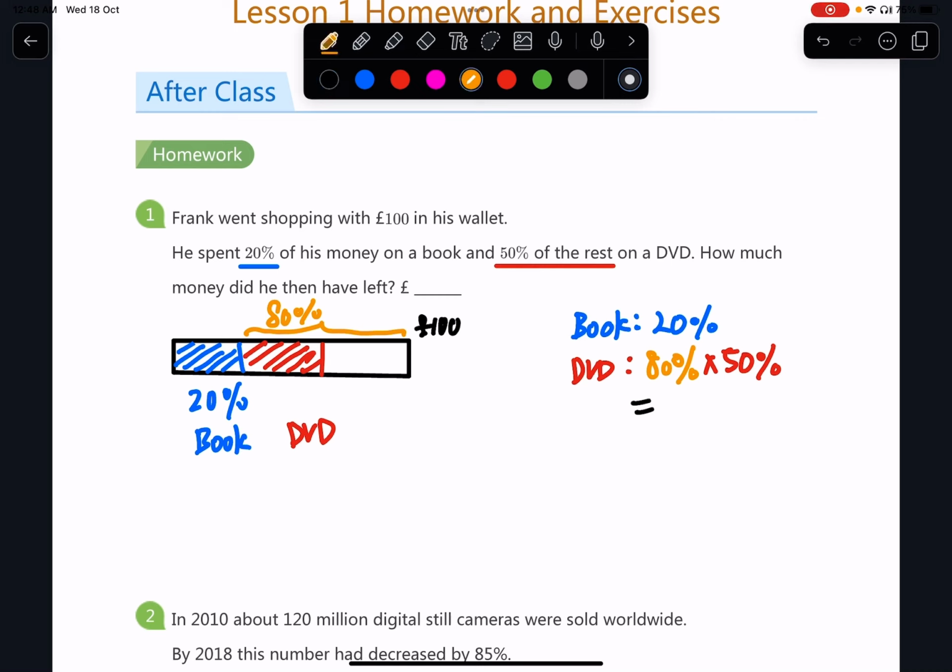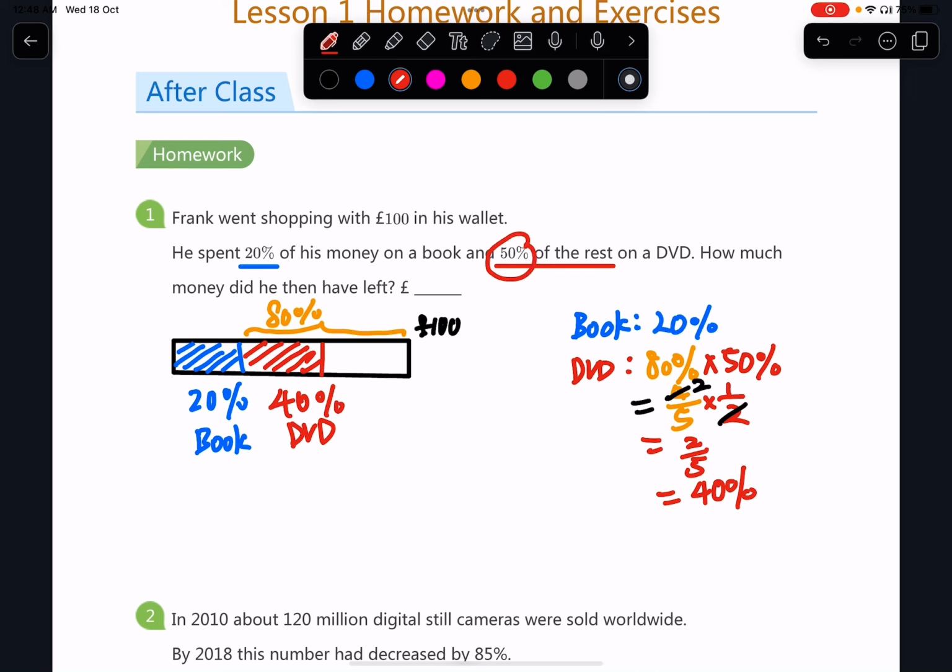And we multiply it by 50%, which is obviously 1 out of 2, so times 1 out of 2. After you simplify it, you can see that it is 2 out of 5, which is exactly the same as 40%. So basically, the DVD occupies 40% instead of 50%.